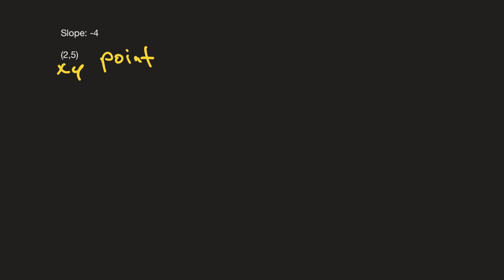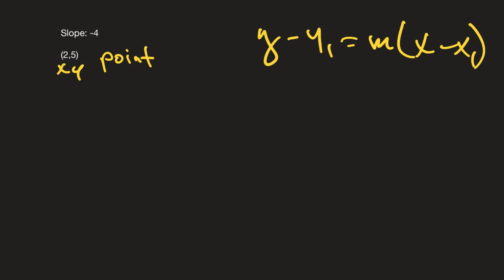So if I've been given a slope and a point, which form do you think I'll go to? Point slope form. I have this form that's called point slope form that will readily accept an x and a y value and a slope.